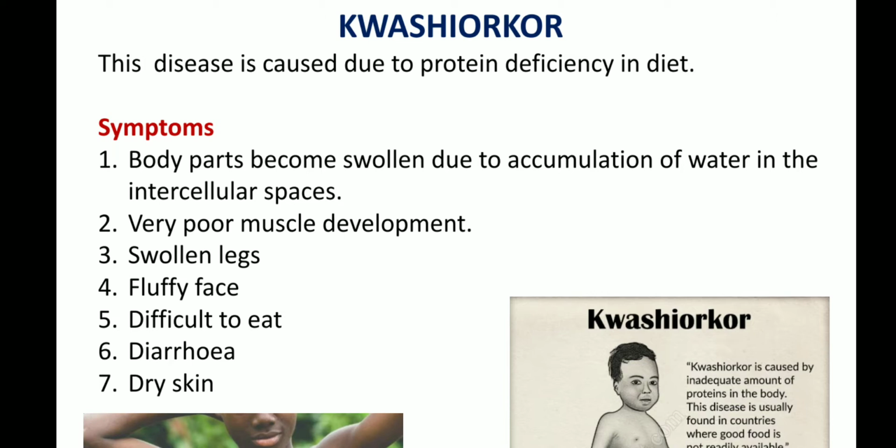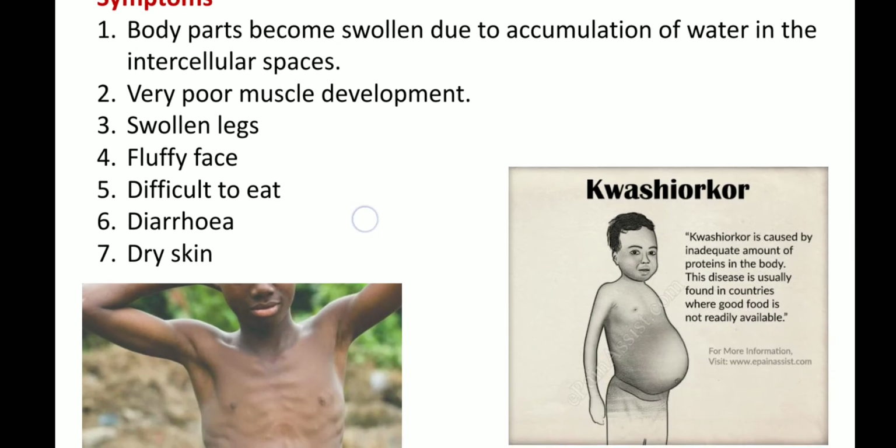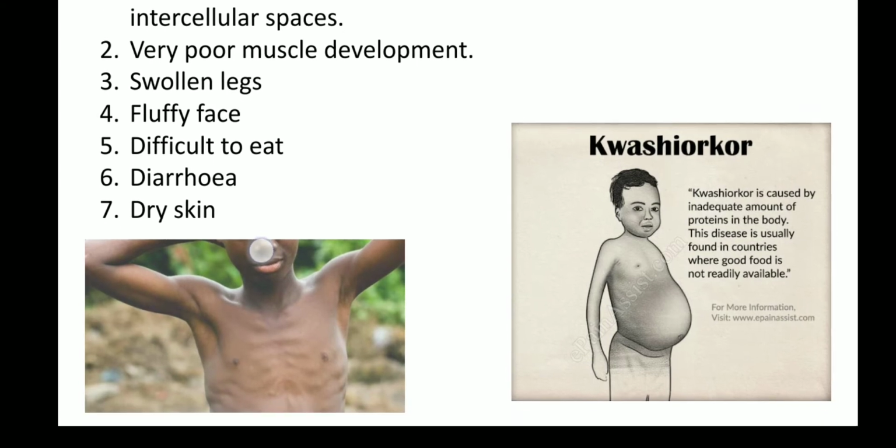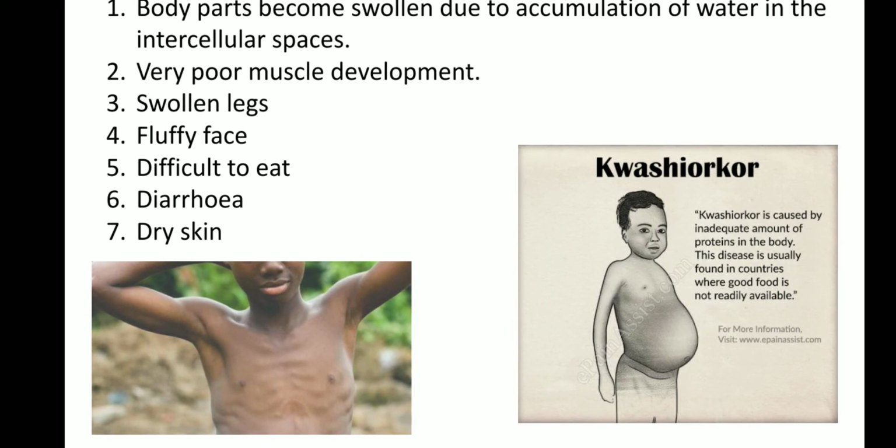What are the symptoms? Body parts become swollen due to accumulation of water in intercellular spaces. Then very poor muscle development. See in the figure, you can see very poor muscle development.